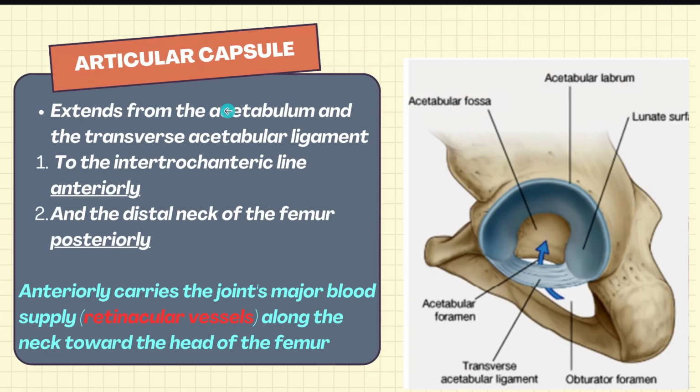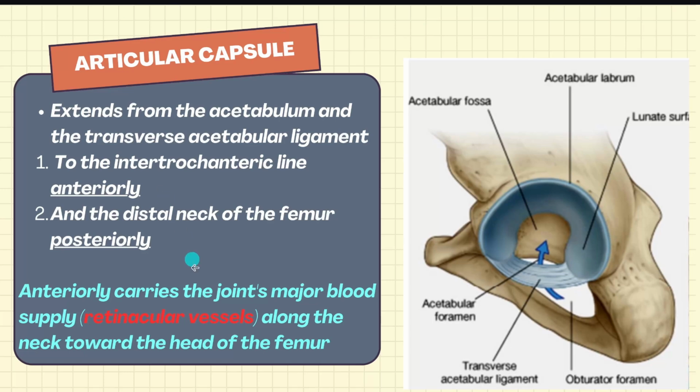Now the articular capsule extends from the acetabulum and the transverse acetabular ligament. So basically, what is the articular capsule? You can see over here, this whole thing around it, you're going to have a capsule forming around it. It's going to attach to the intertrochanteric line anteriorly, and distally it's going to go around the neck of the femur.